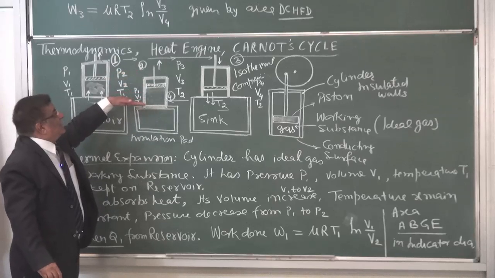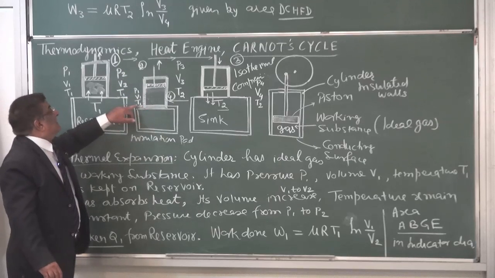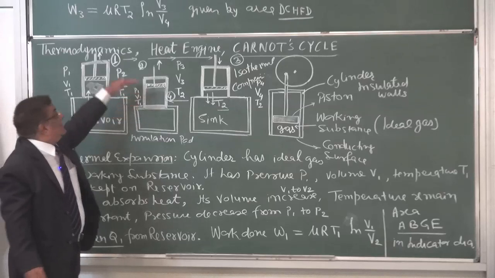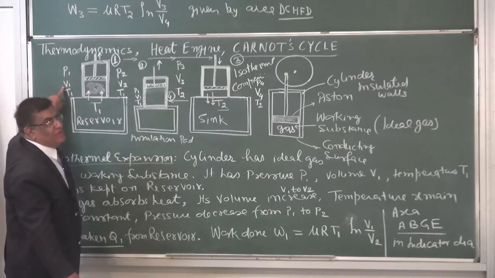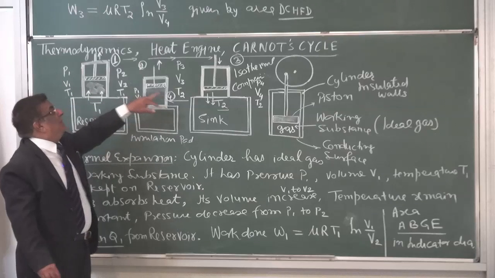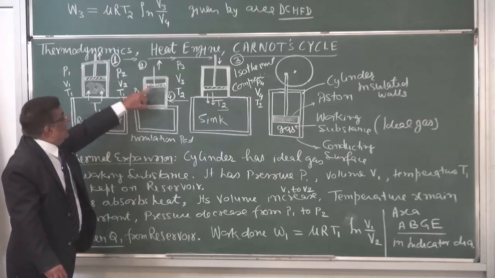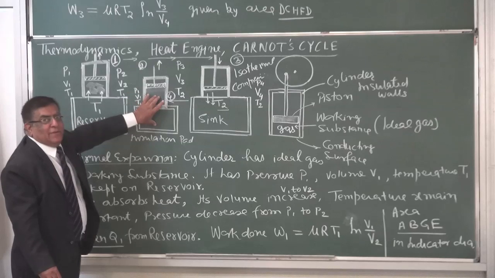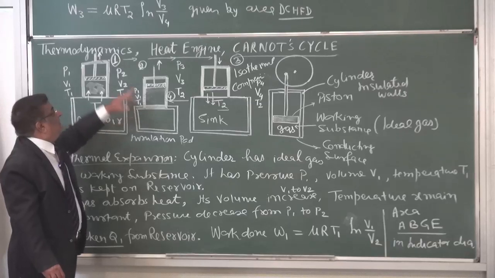By this compression the temperature is increasing, we increase it up to T1. The volume is decreasing and we decrease it up to the value of V1, and we compress it to the pressure P1. So at this point again we reach P1, V1, T1.